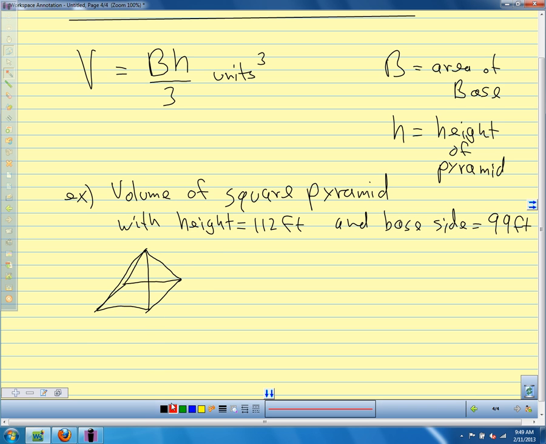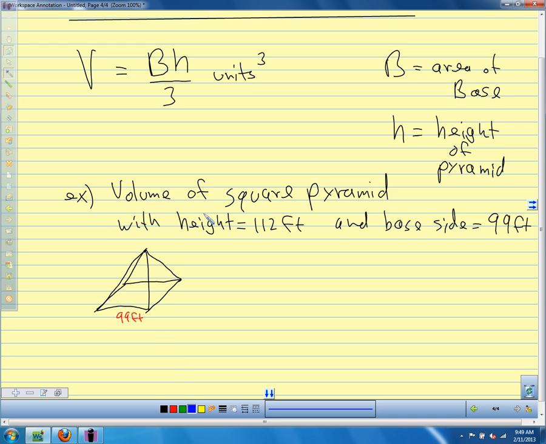All right, let's label our parts. It says the base side is 99 feet. So where are we going to put our 99 feet, Melissa? Along the side of the base. So this is going to be 99 feet here. We're not going to put it up along the side or something. And our height is 112 feet.